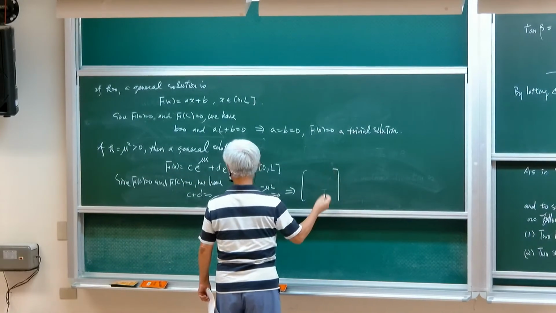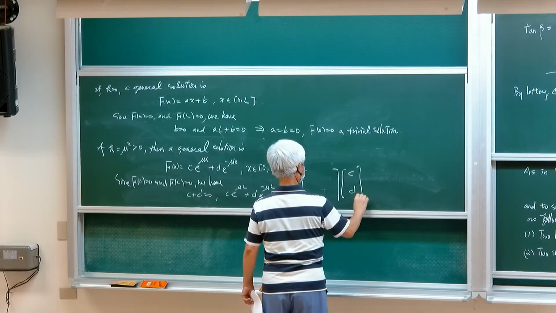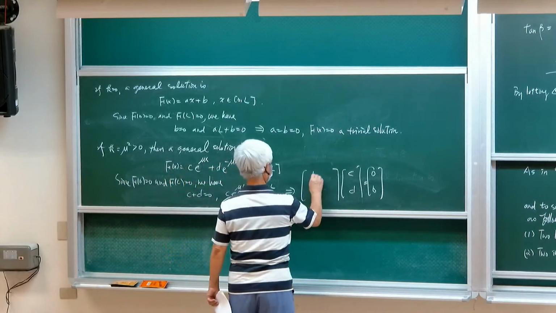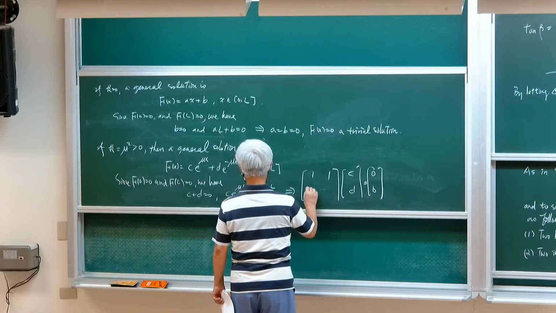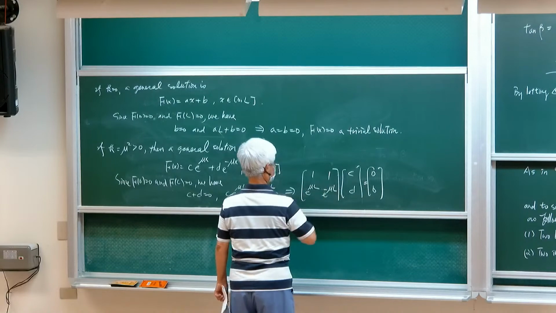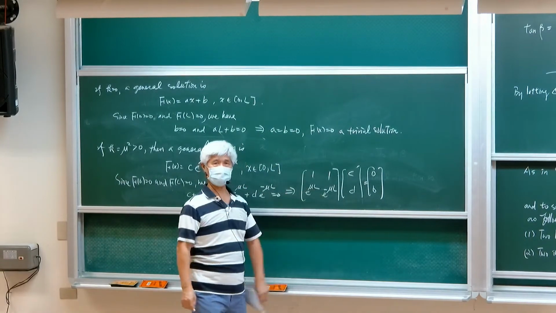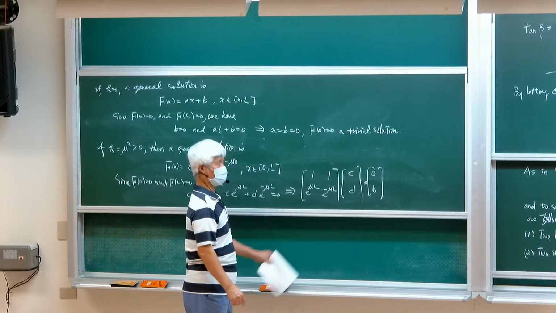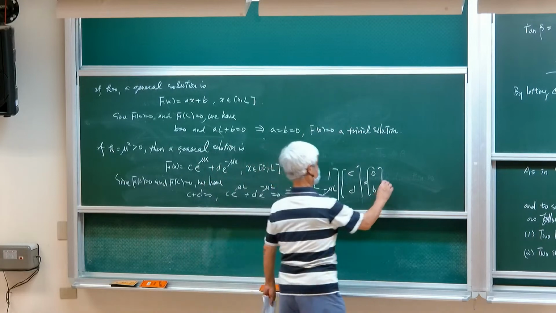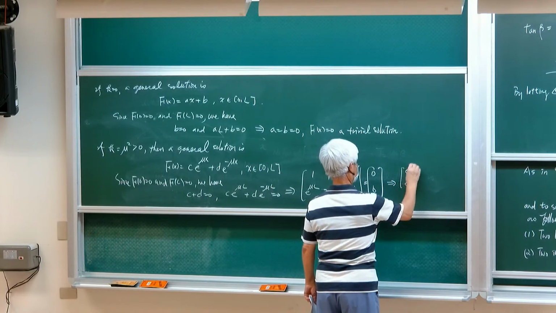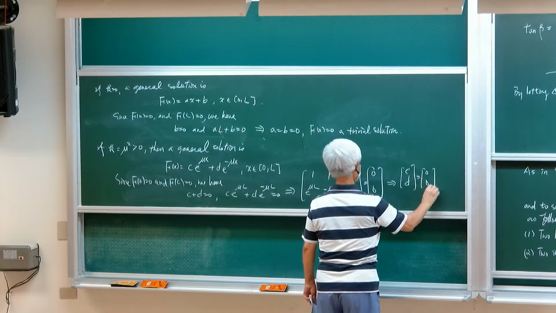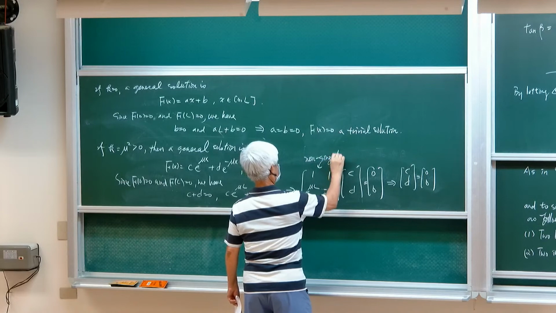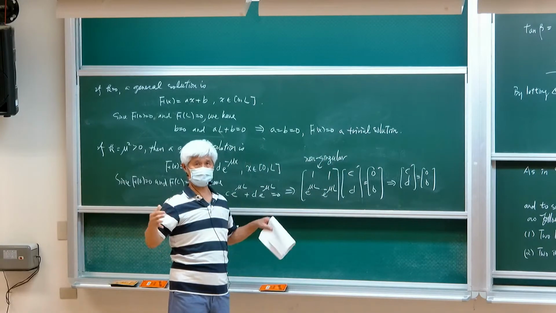So we form a linear system. The determinant of this 2 by 2 matrix is non-zero, because the coefficient matrix is non-singular.